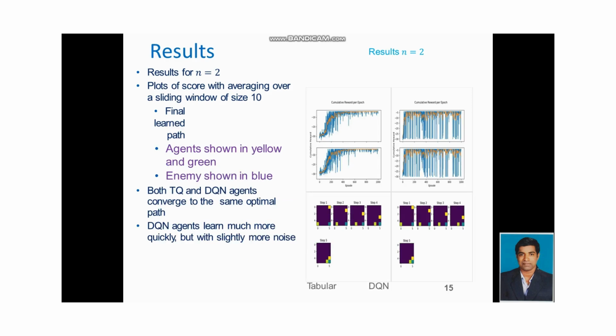Results are shown in this slide. Here are the results for n equal to 2. The plots show the score averaged over a sliding window of size 10. Here is the final learned path. Agents are shown in yellow and green.